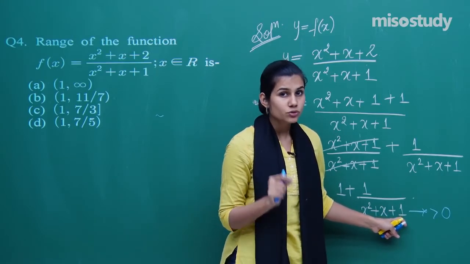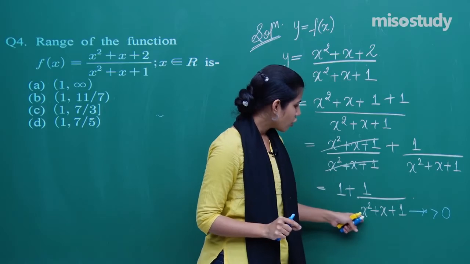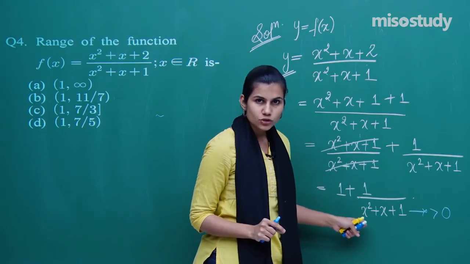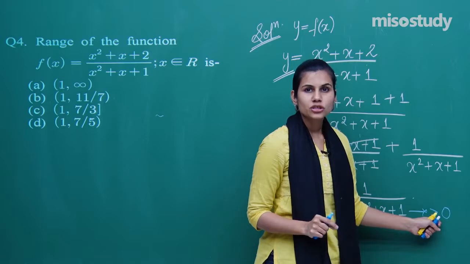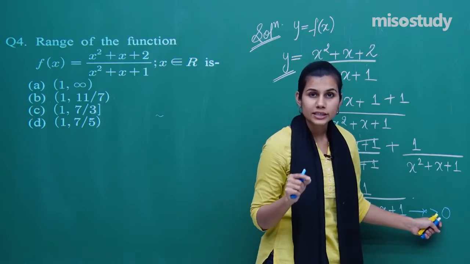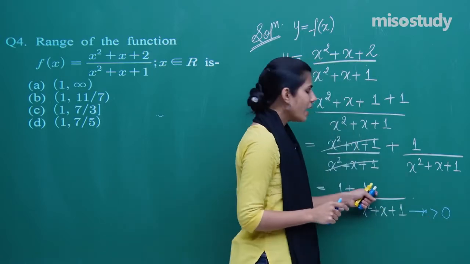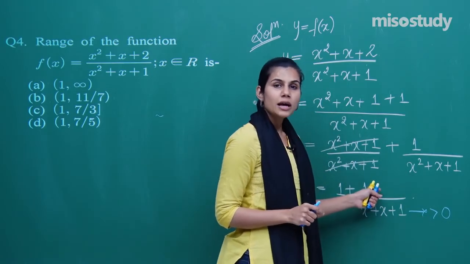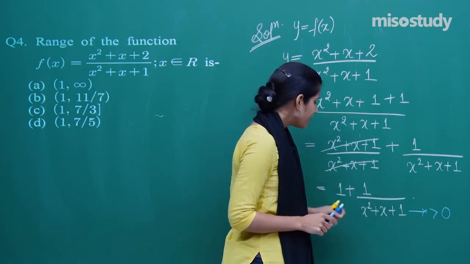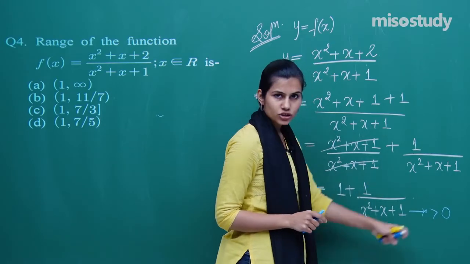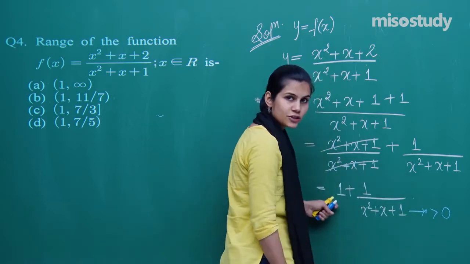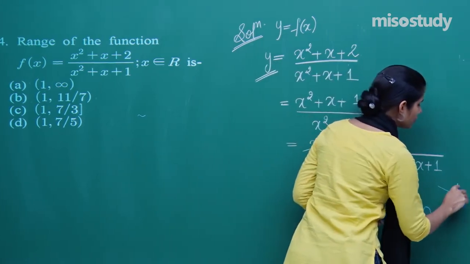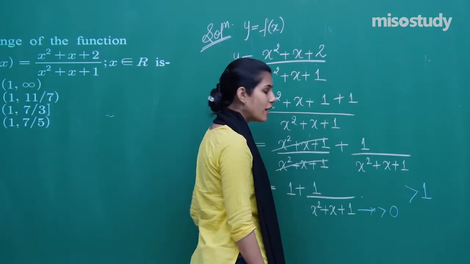Because x square is always going to be non-negative, this expression is always non-zero. And 1 sitting in the numerator makes it non-zero. Therefore, when 1 is added to this entire expression, it always gives you an expression greater than 1.